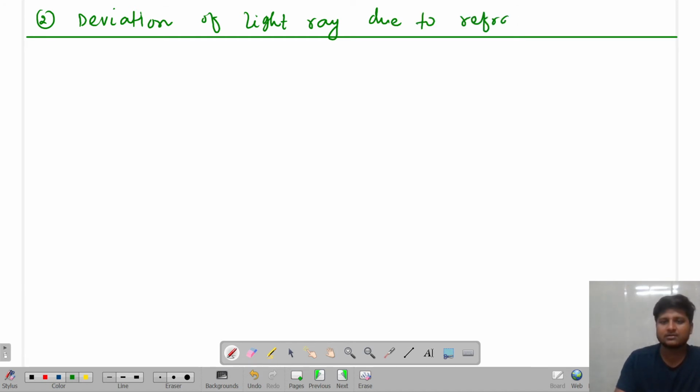Now we'll try to understand how much light is deviated when it gets refracted. We'll try to calculate these properties. So we'll try to utilize the formulas and all.